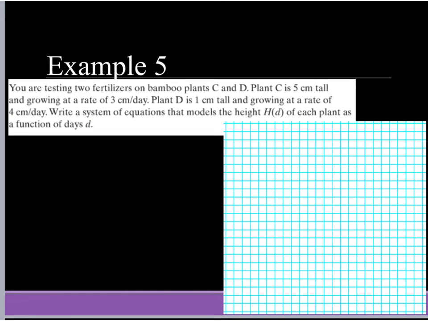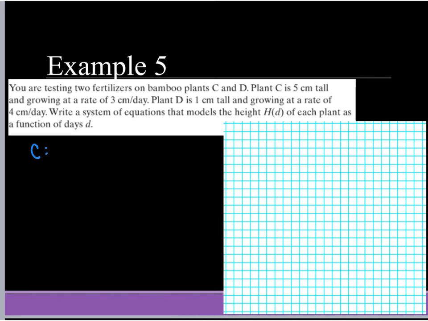Now for example 5, it says you're testing 2 fertilizers on bamboo plants C and D. Plant C is 5 centimeters tall and growing at a rate of 3 centimeters per day, while plant D is 1 centimeter tall and growing at a rate of 4 centimeters per day. We're going to write a system of equations that models the height of each plant as a function of the number of days.